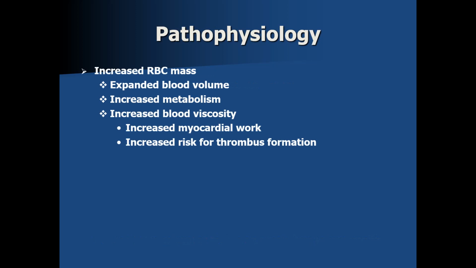Up to a point, polycythemia can be advantageous because it increases O2 carrying capacity, but polycythemia can be quite detrimental. The detrimental effects include expanded blood volume, increased metabolism, and increased blood viscosity. This increase in blood viscosity can lead to increased myocardial work as well as an increased risk for thrombus formation.